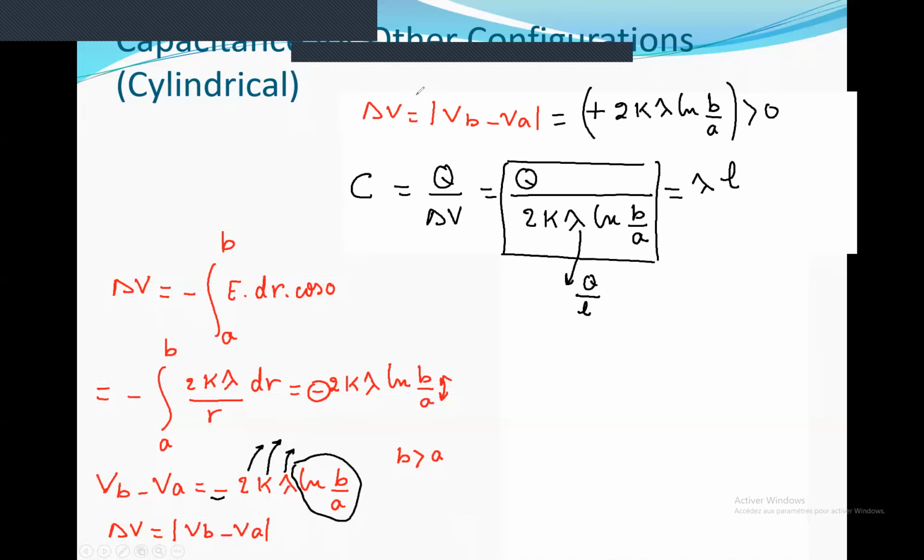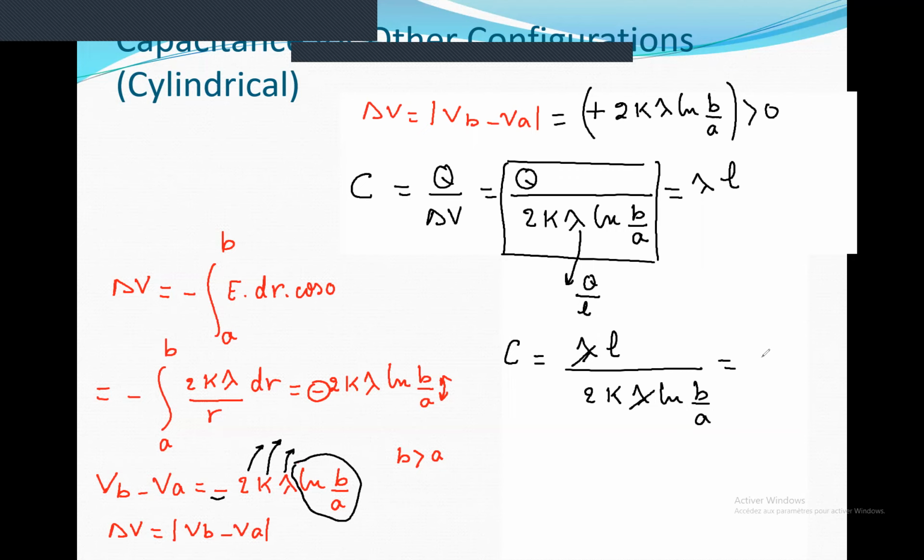If we put lambda equals Q divided by L, we can say C equals Q, or let me write Q equals lambda L, divided by 2K lambda ln B divided by A. We can cancel lambda and lambda.